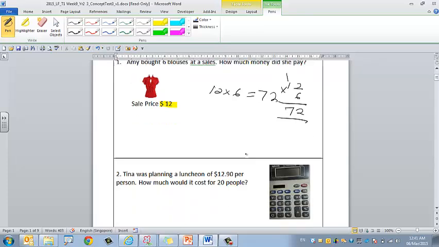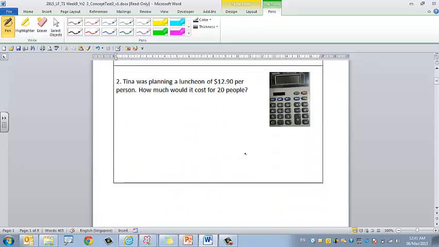Let's take a look at question 2. Okay. Tina was planning a luncheon of $12.90 per person. How much would it cost for 20 people? Okay, so for one person, it costs her $12.90. So the keyword here is per person. How much would it cost for 20 people?